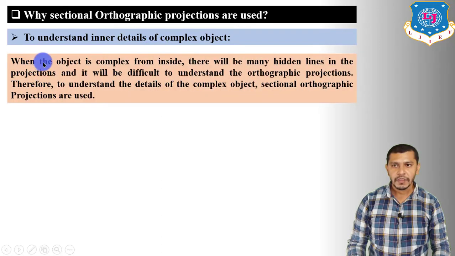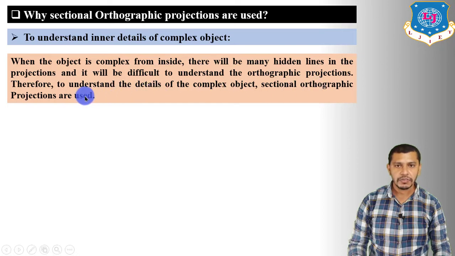When the object is complex from inside, there will be many hidden lines in the views of the object, or in the orthographic projections of the object, and it will be difficult to understand the orthographic projections. Therefore, to understand the details of the complex object, sectional orthographic projections are used, or it is required to take the section of the object to understand the inner details of the object.